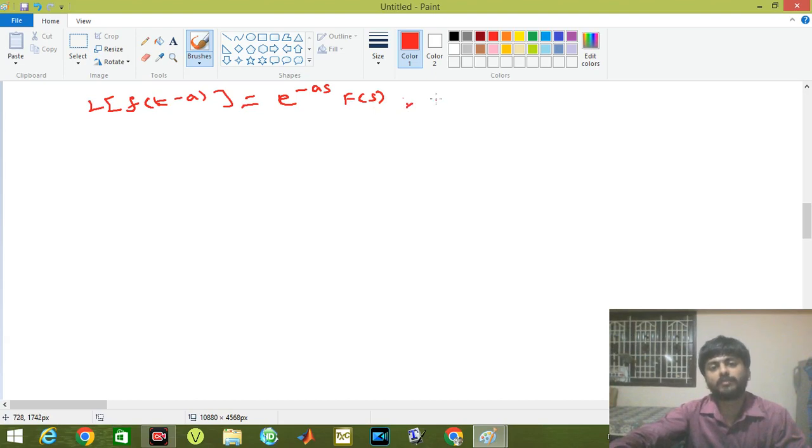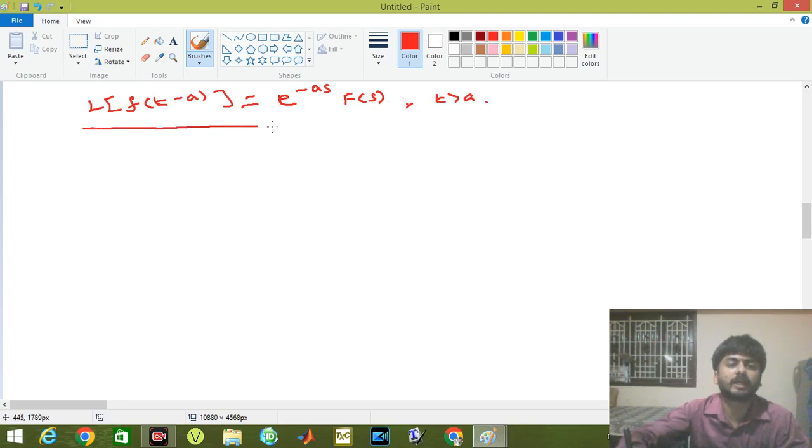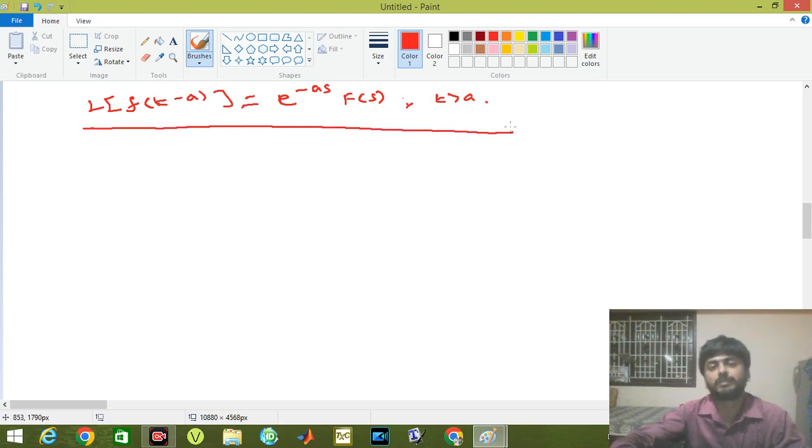This will be our result. I have given the condition t greater than a. But this has not arisen all of a sudden. This is because of the property or theorem called the second shifting theorem.